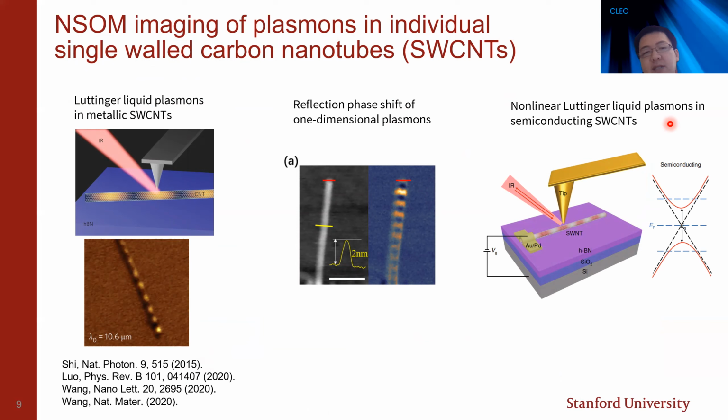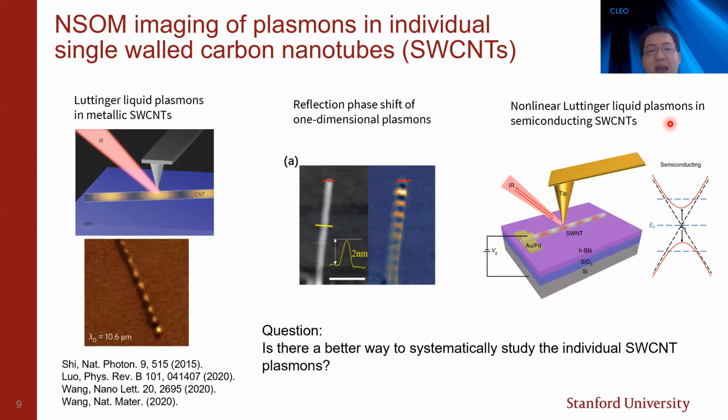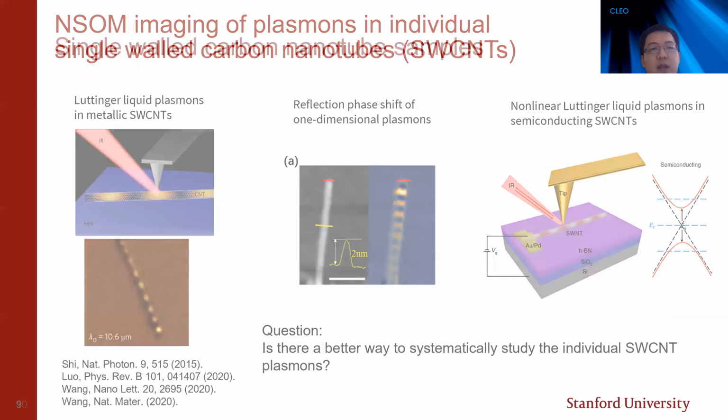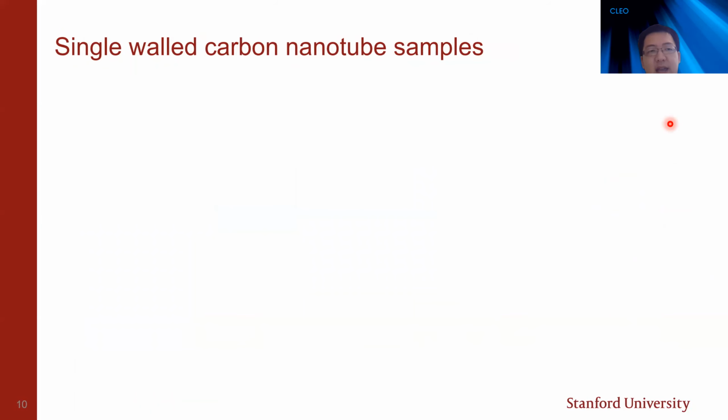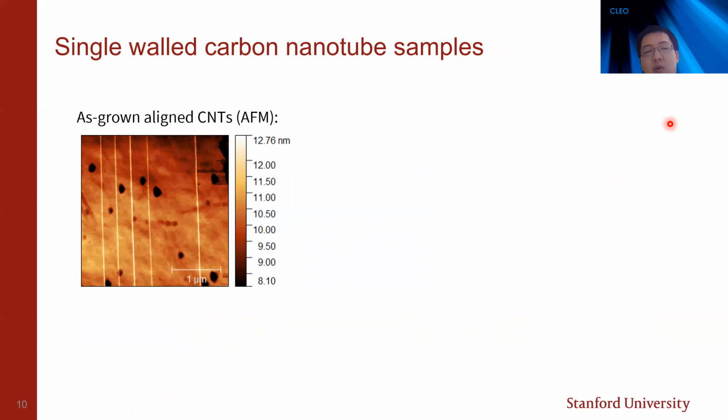And in these studies, people look for really good tubes among random tubes with random alignment and random length. So one of the important questions is whether there is a better way to systematically study individual single-wall carbon nanotube plasmons. Our answer is yes, and we can grow wafer scale aligned carbon nanotubes.